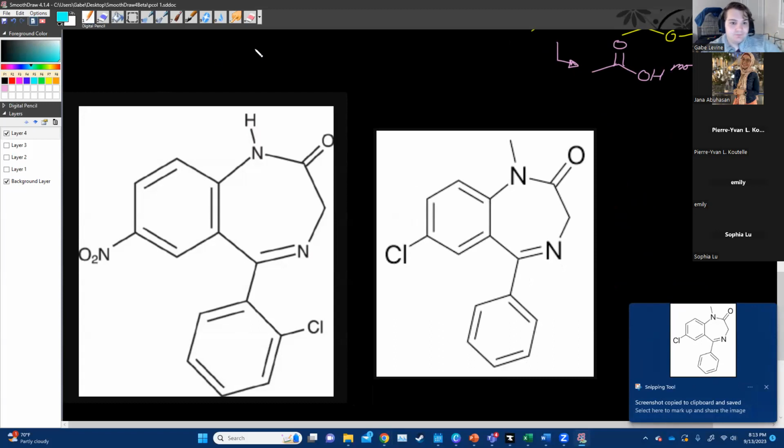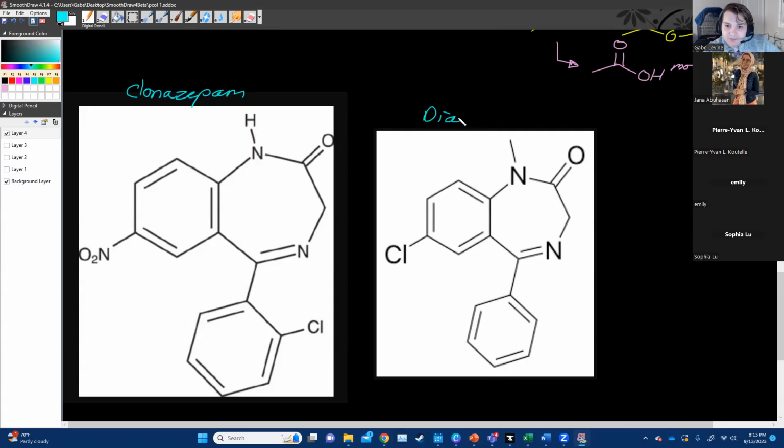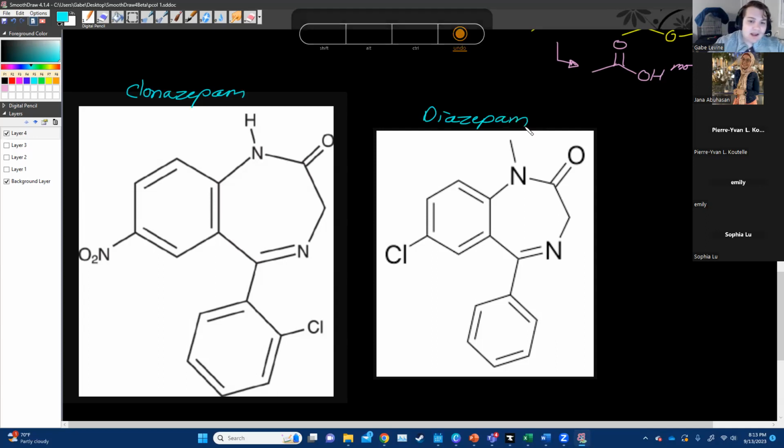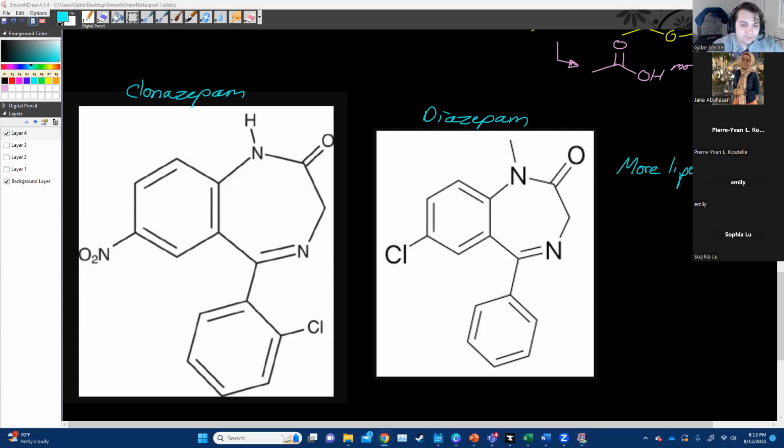So here we have 2 drugs. This is clonazepam, and here we have diazepam, which are 2 benzodiazepines. And so the question would be, which is more lipophilic?